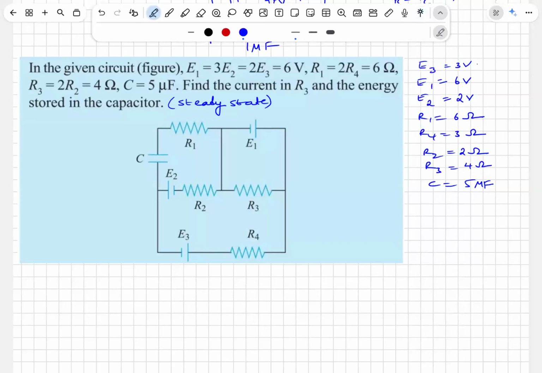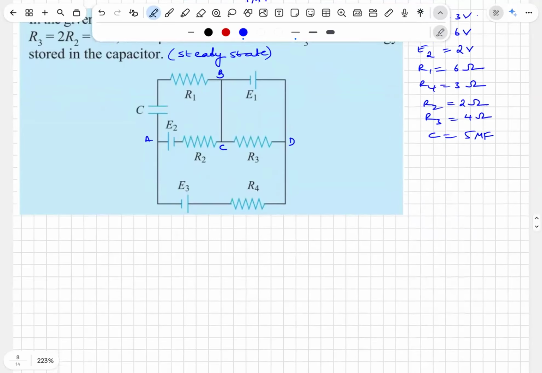Before I start using the term steady state, I will label it as A, B, C, D. E2, R2, A. Remember, this is B or C, both.